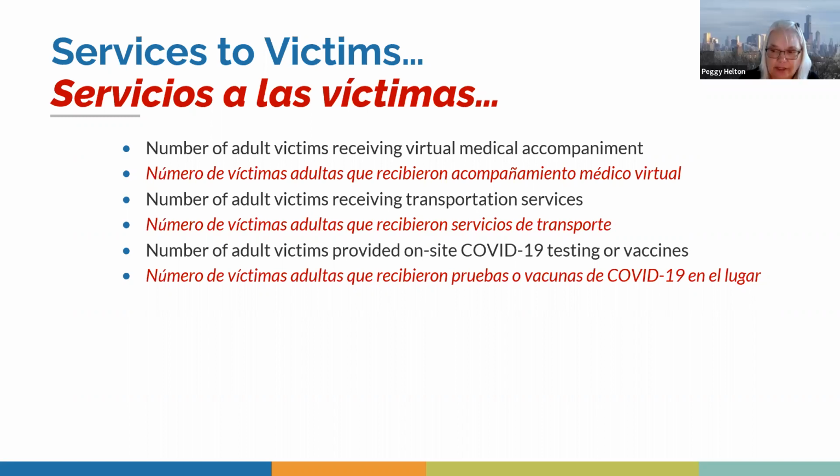So look at your focus areas, because there are a couple of focus areas that will pay for victims to travel. Look at your focus areas, because it'll tell you if you're able to pay for transportation. And then you can buy bus passes.